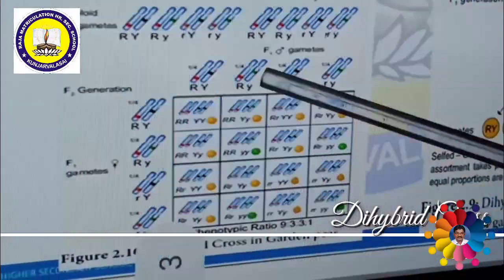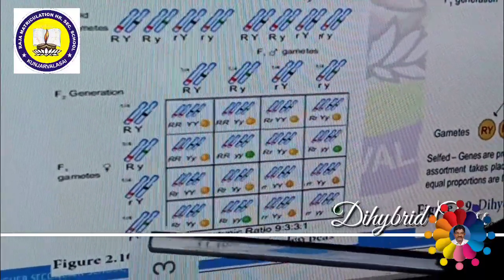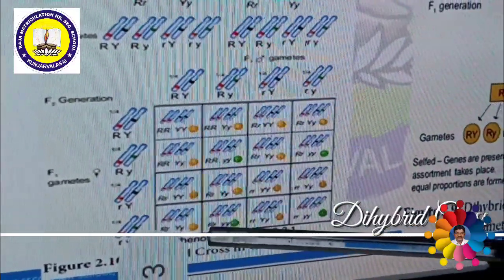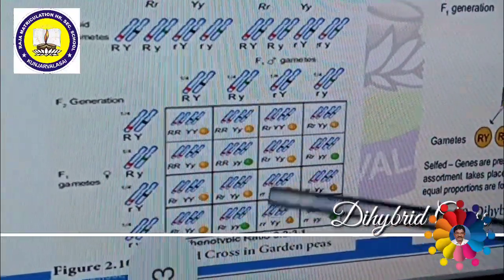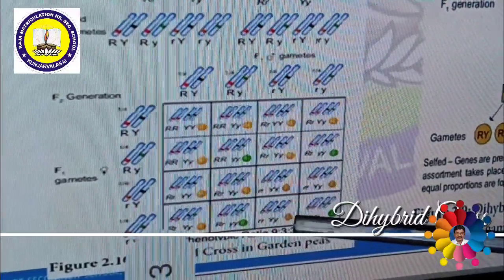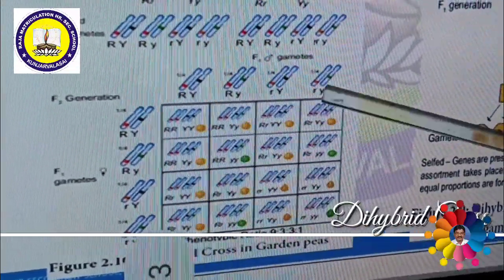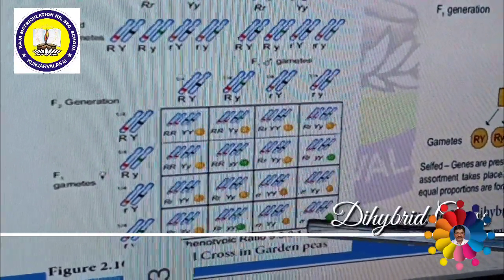Next, capital R, small y, that means round green. Next, small r, capital Y, small y, wrinkled yellow. Then small r, small y, wrinkled green.